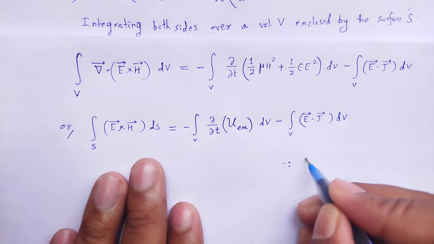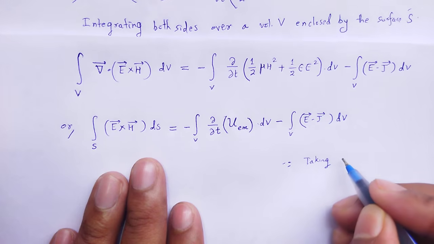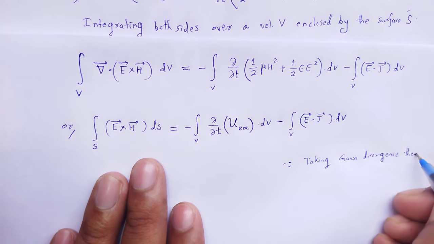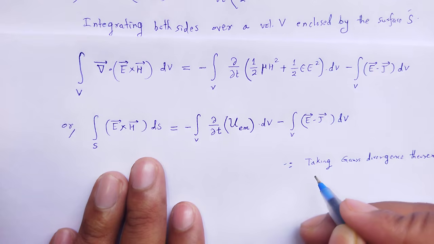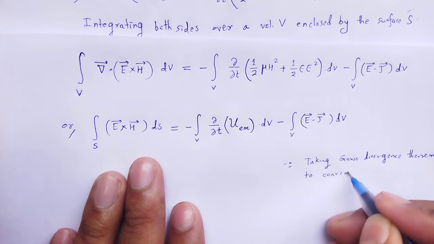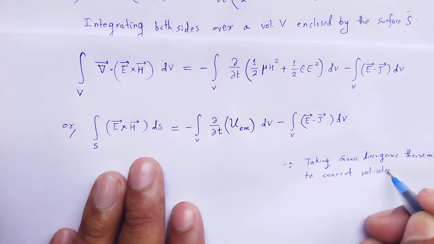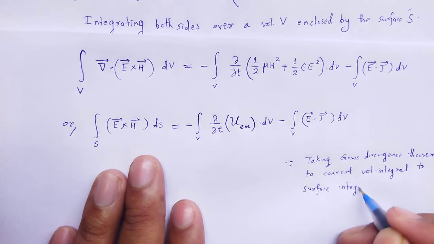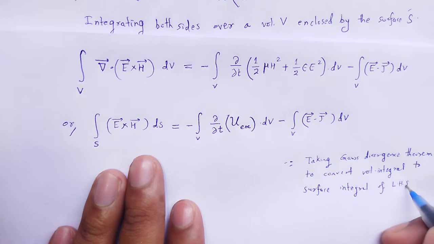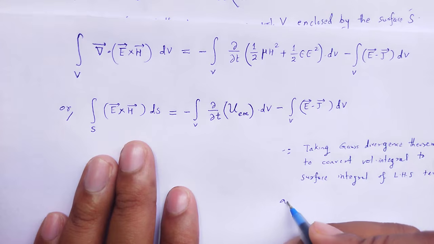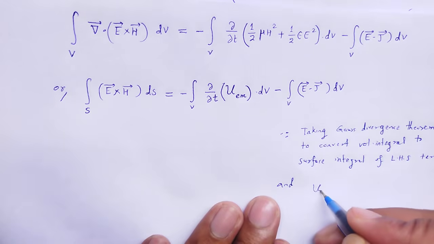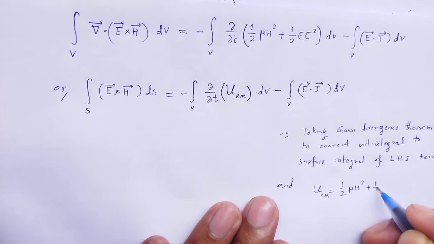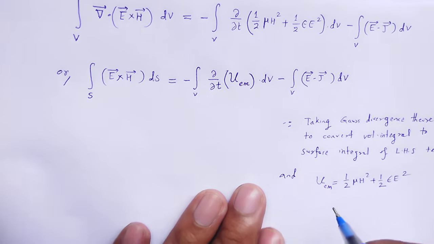What are the steps here we have to take? As I say, taking Gauss divergence theorem to convert volume integral to surface integral of left hand side term, and U E m, which is equal to half mu H square plus half epsilon E square.